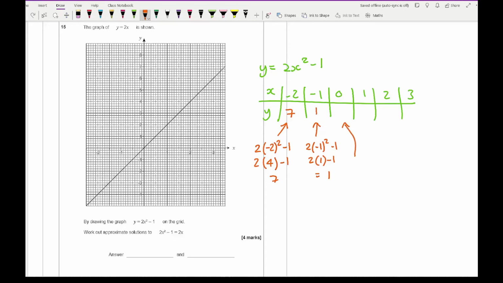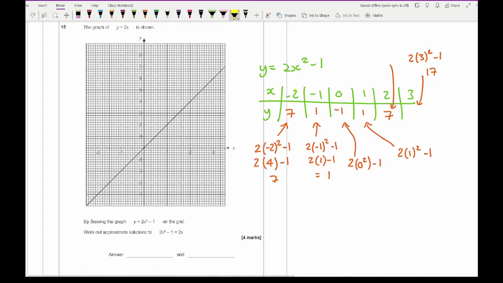Then I've got 2 times 0 squared, take away 1. Well, that's just going to be minus 1. And then this one here is going to be 2 times 1 squared, take away 1, which gives me 1. This one is going to be the same as the other one, so that's going to be 7. And this value here is going to be 2 lots of 3 squared, take away 1. So that's 18, take away 1, which is 17, which doesn't quite fit on my graph.